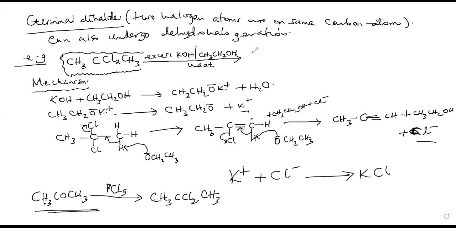Now, this is just the general method we use. Other methods are where you already have an alkyne, but you want a bigger chain alkyne.